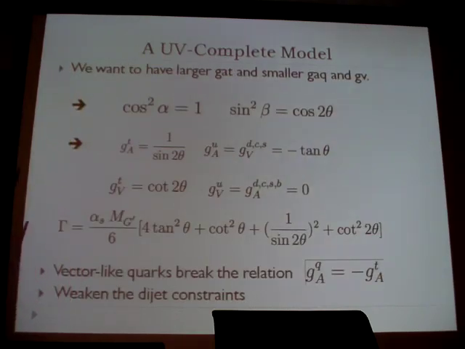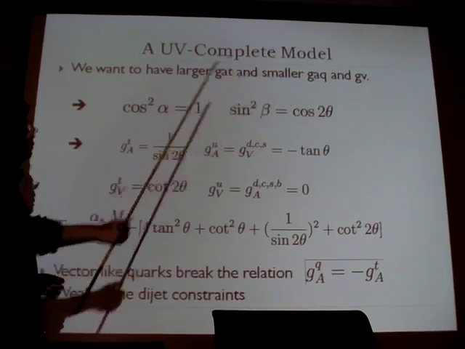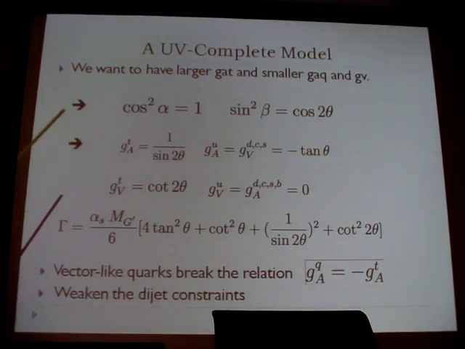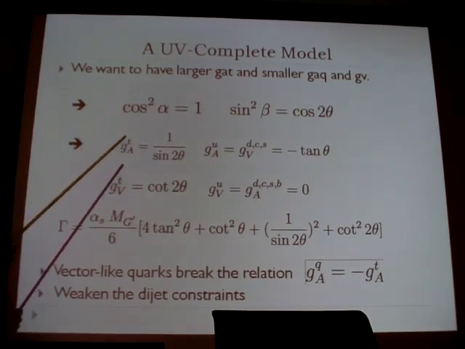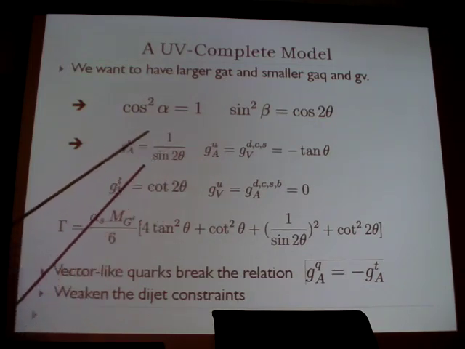Since we know that the size of the asymmetry is proportional to the product of g_A^Q times g_A^T, we want the product of g_A^Q and g_A^T to be as large as possible. We also know that the vector coupling dilutes the asymmetry, so we want the vector coupling to be as small as possible.